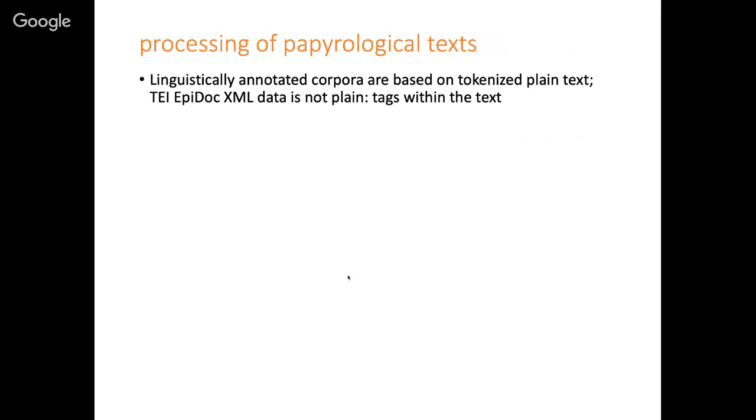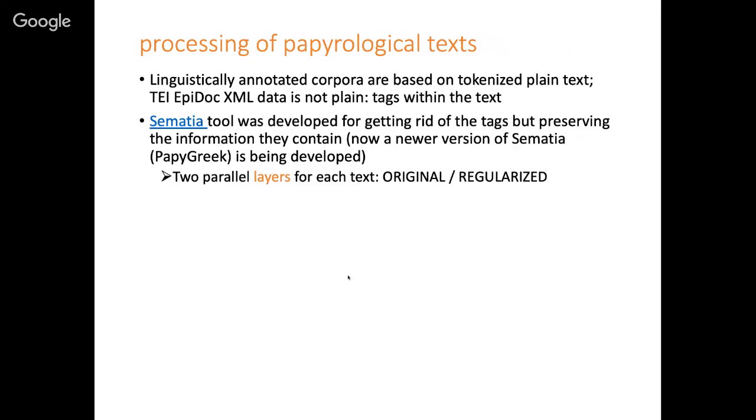So there are those tags within the text, if you remember from the first session of this spring. So we developed this Seematia tool here in Helsinki for getting rid of the tags, but still preserving the information. I'm not presenting Seematia in any more detail now because we are actually making a new version for it.